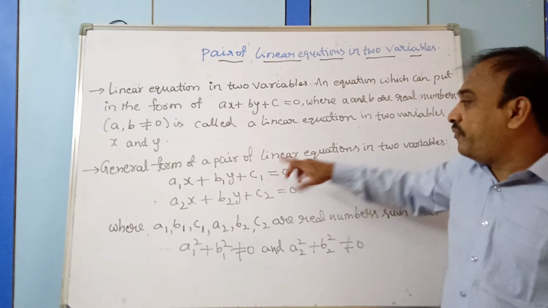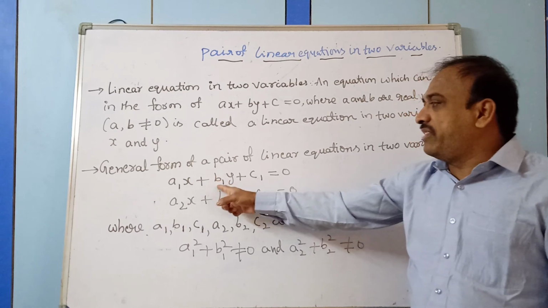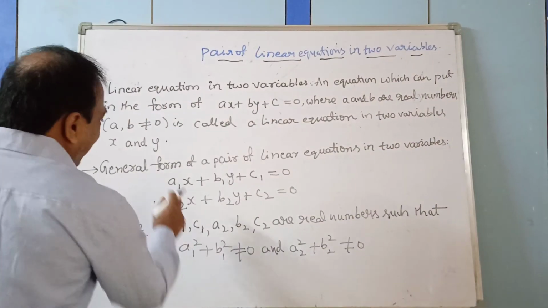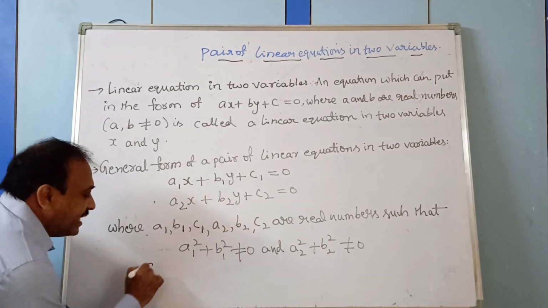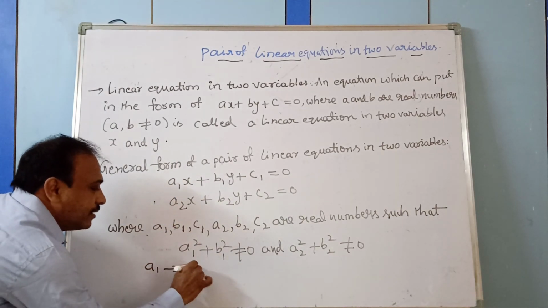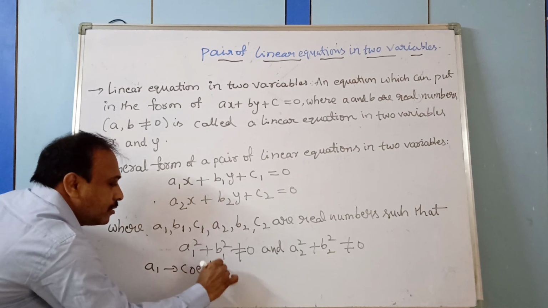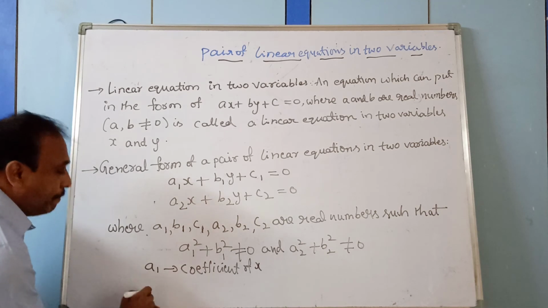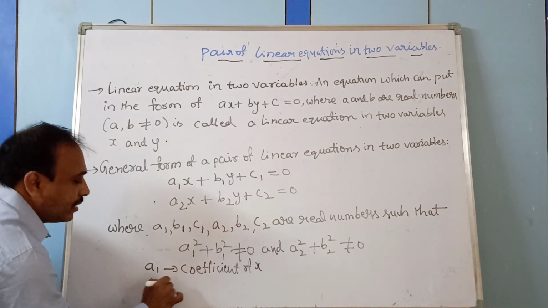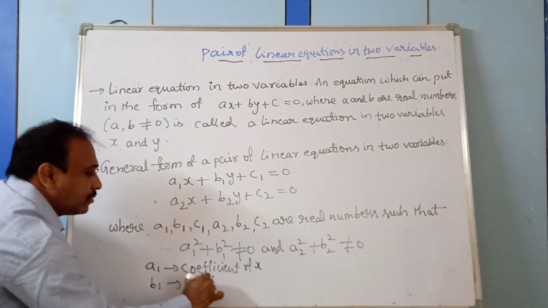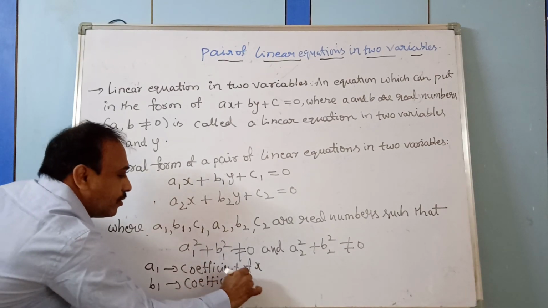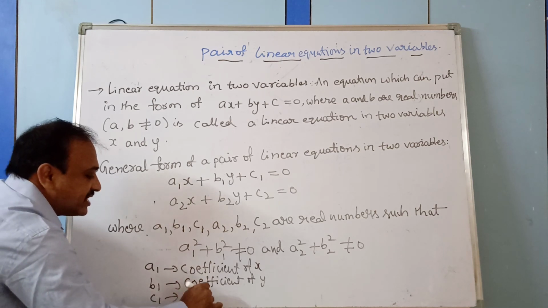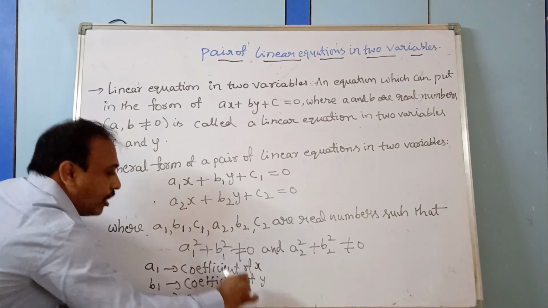In the standard form, a1 is the coefficient of x, b1 is the coefficient of y, and c1 is the constant.